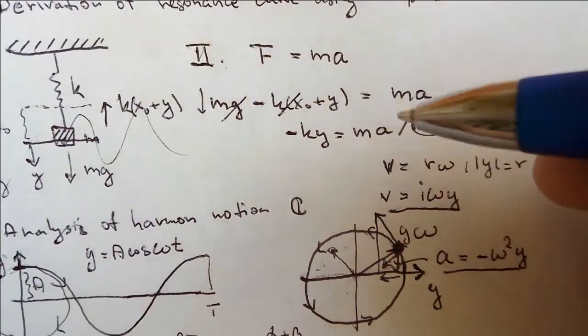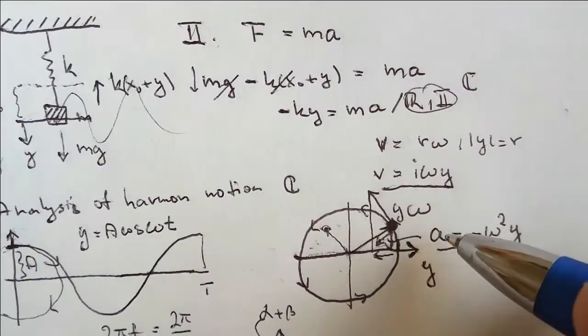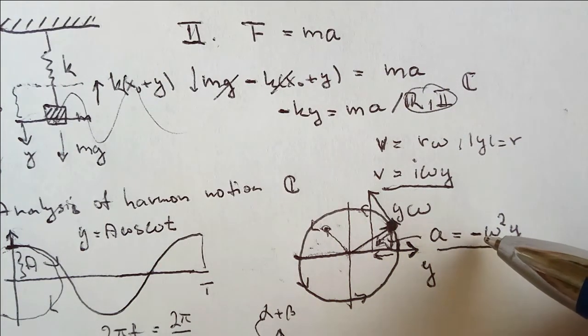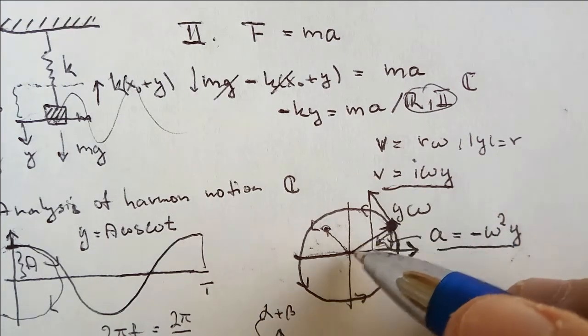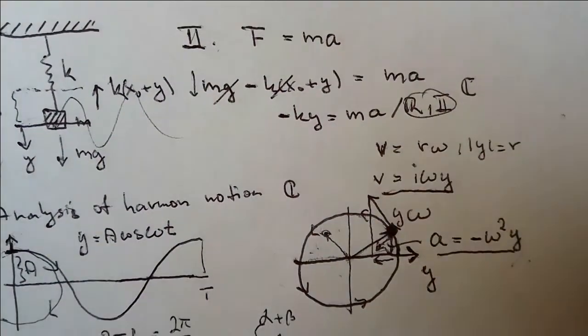When this equation is in C, in complex numbers, then the complex acceleration is given by minus omega squared y. Why? Because this vector is minus this vector, yes, on 2D.